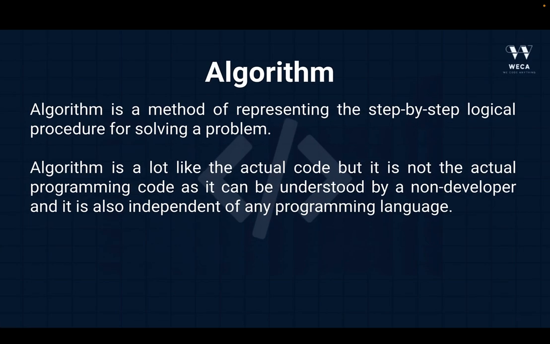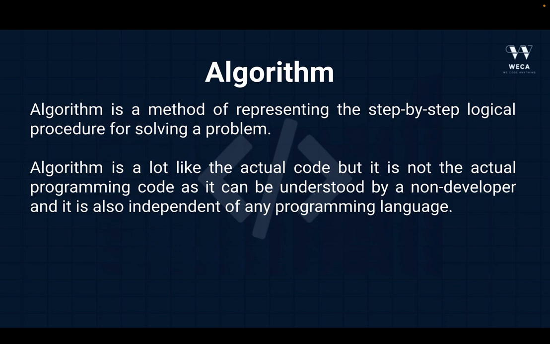What is algorithm? We've heard algorithm once or twice. What exactly is algorithm? Algorithm is a method of representing the step-by-step logical procedure for solving a problem. In layman's words, it is telling how you intend to solve this problem, explaining to the barest-minimum non-techie person how you intend to solve a technical problem. That is what algorithm is. Algorithm is a lot like actual code, but it is not actual code.